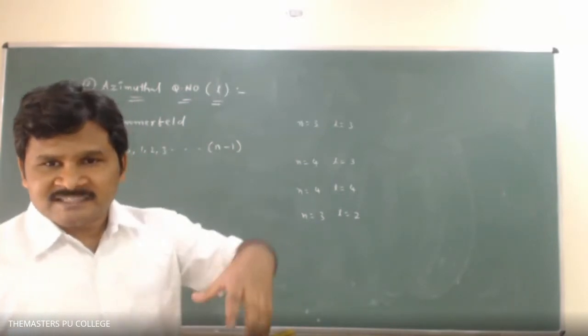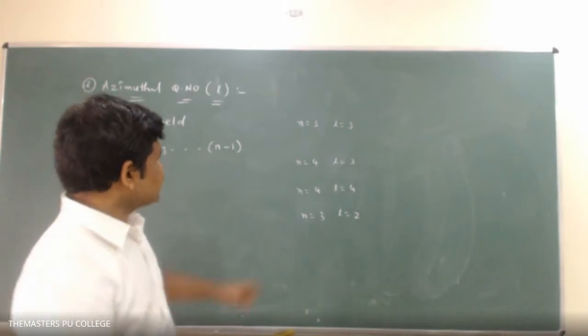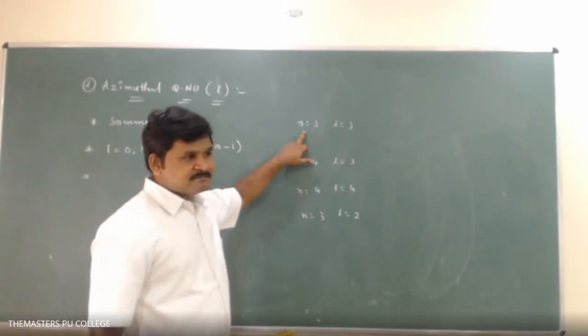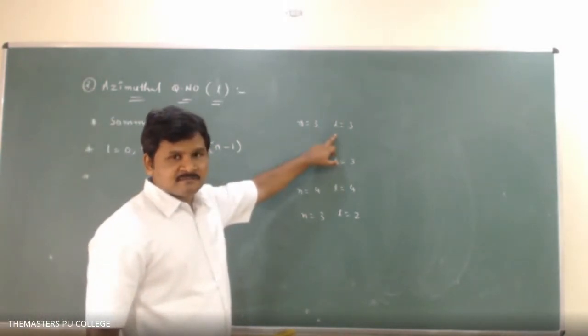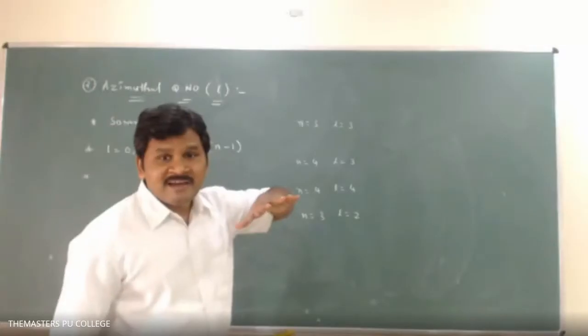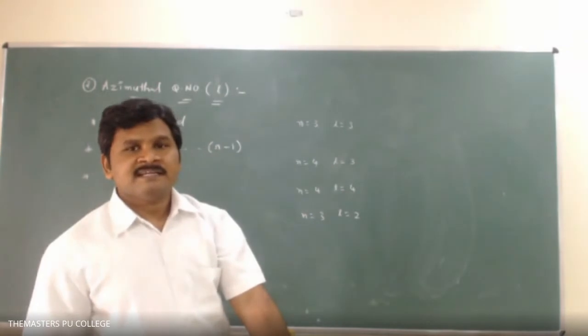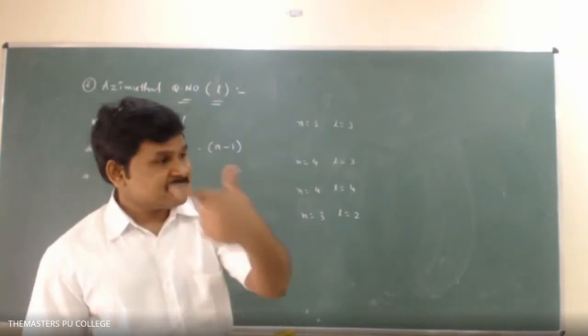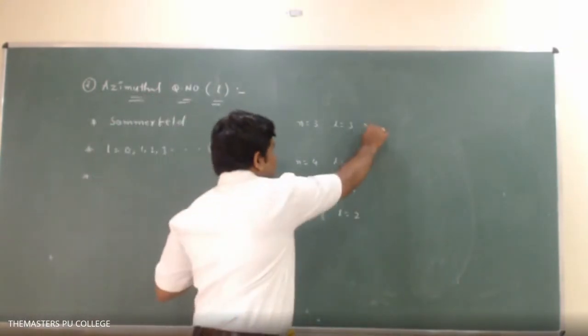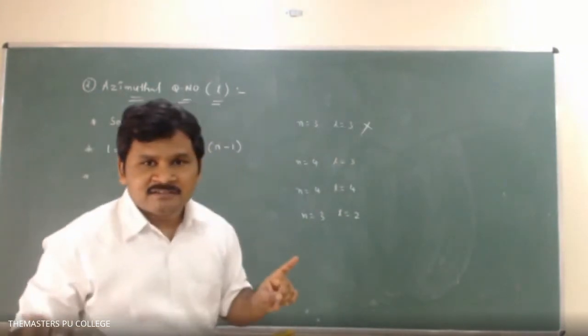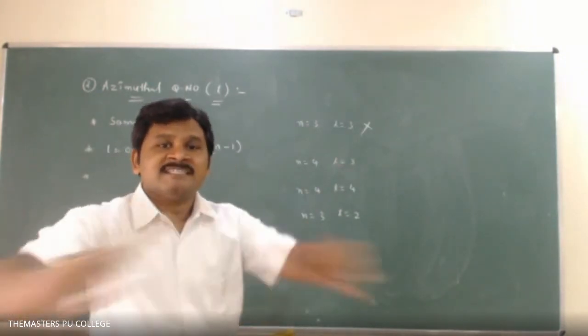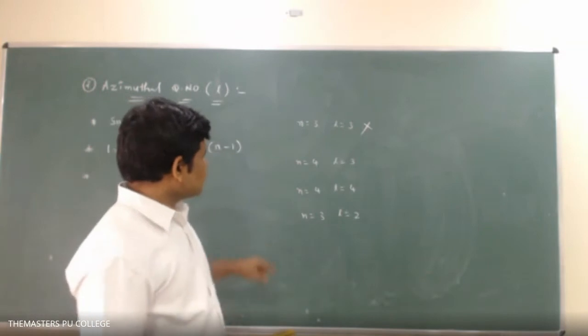Now, how to check the sets? Now I will explain. Please listen. Here n is 3 and L is 3. If n value and L value are the same, it is an incorrect statement. n value and L value should not be the same.